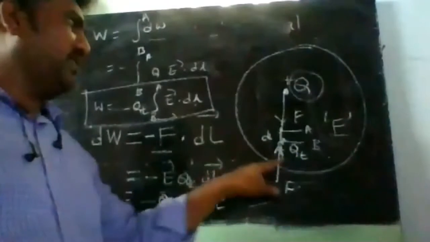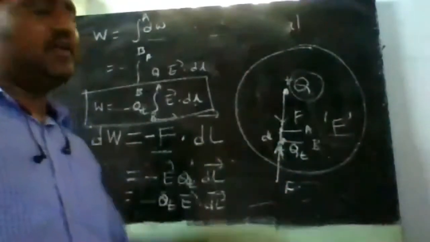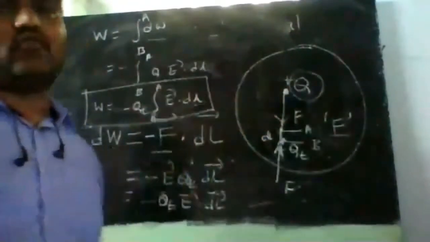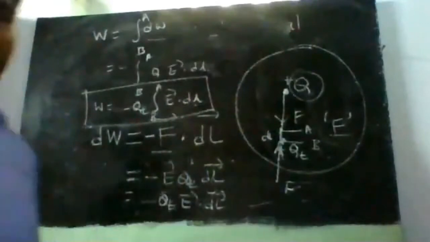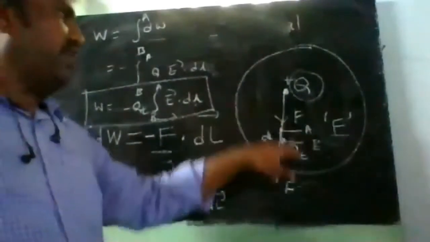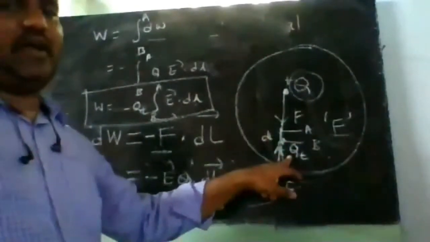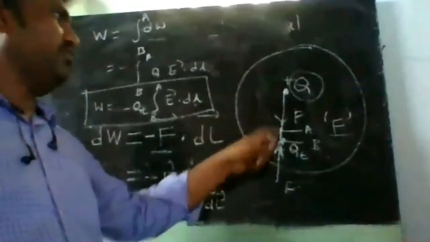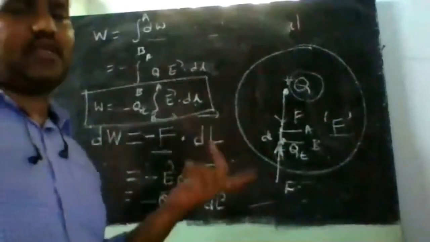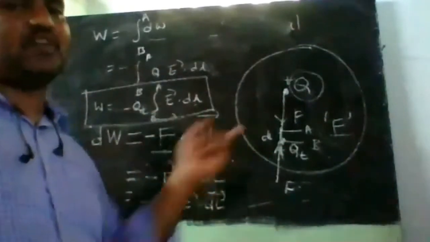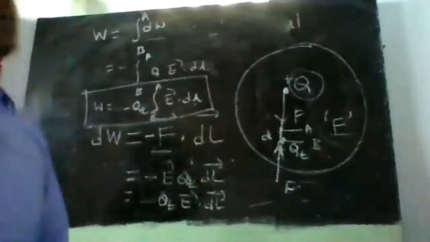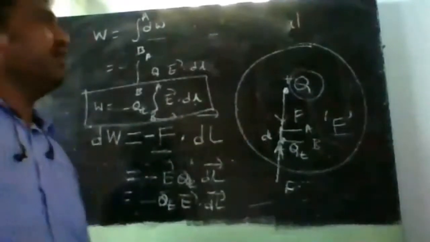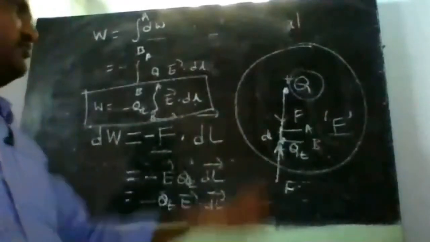Because both of them are of the same polarity, they will experience a repulsive force. But if I want to keep this QT intact, without moving, I have to apply a force equal and opposite to whatever F is. So an equal and opposite force has to be applied.